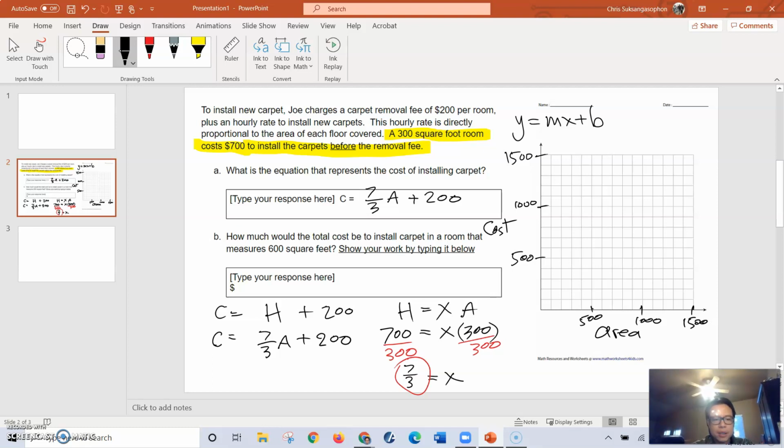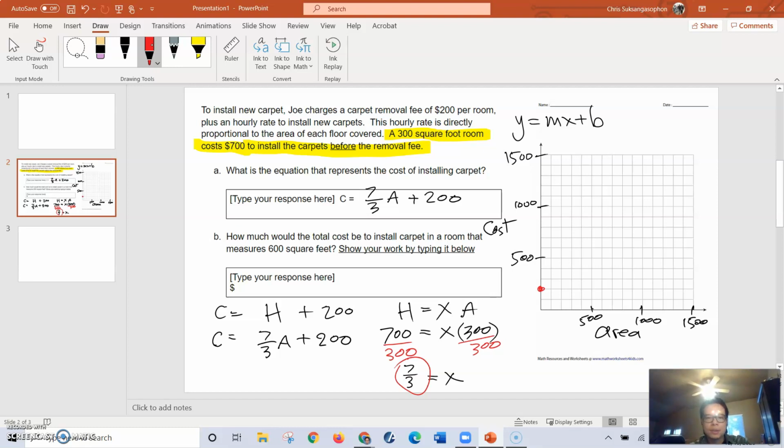But let's plot our first point. Okay. So initially, the removal fee of $200 will be charged for no matter what size of room. Okay.